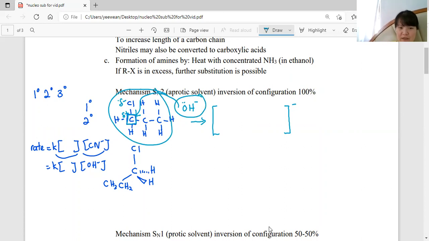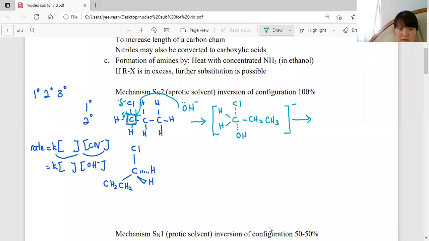So obviously our transition state would be also negatively charged. So when these electrons move towards the carbon, these electrons will move towards the chlorine. So that's how it got detached. It's a heterolytic fission. So the Cl breaks and therefore you'll form an alcohol.